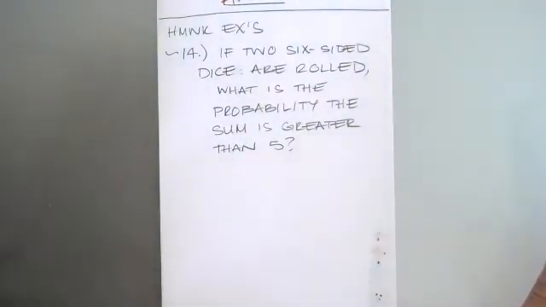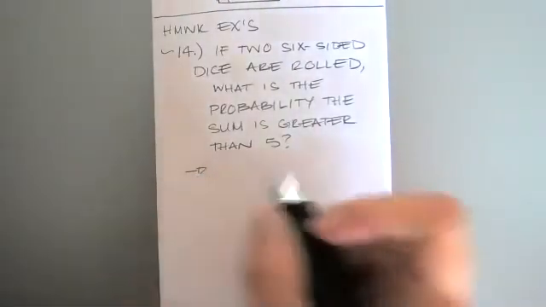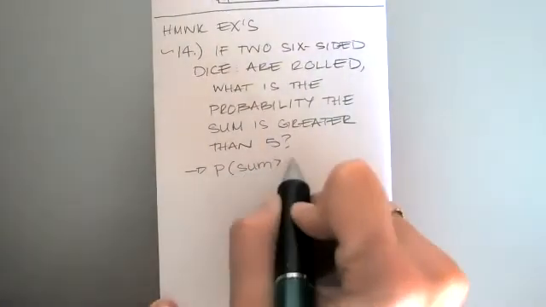We would need the chart for this, right? Or it would probably be helpful, like the chart that you gave us with the 36 different outcomes. Yeah, that's why I put it in the notes. We can use the chart, but here, I'll do it without having the chart. So the probability the sum is greater than 5.